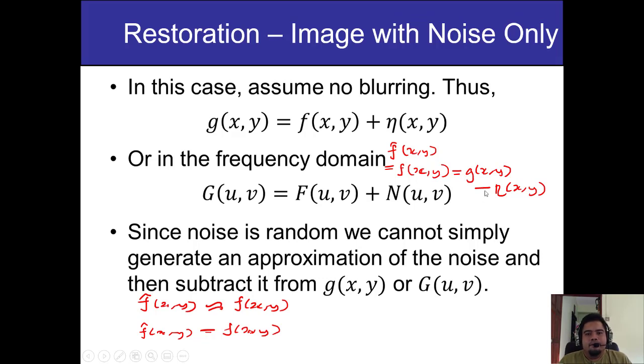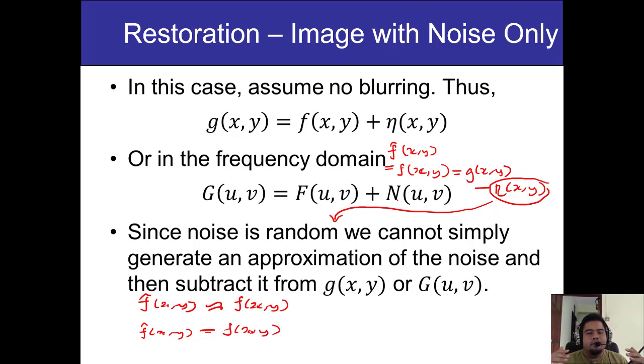However, as I have discussed, we cannot simply do this operation. Why can we not do this operation? Because in general, this is noise. When we talk about noise, noise is always in the form of a random signal. We call it a random signal because we cannot estimate the noise.